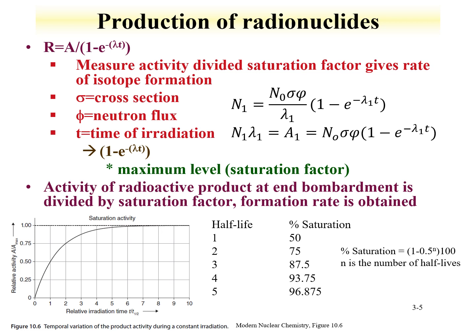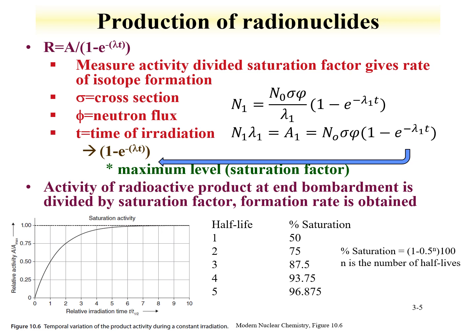If the number of product atoms is known, the activity can be found by multiplying the number of product atoms by the decay constant. And all we need to do is rearrange this equation. The activity of 1 is equal to the initial amount of target times the cross-section times the flux, same equation as we used on the previous page, multiplied by 1 minus e to the minus lambda 1 t. So this is the decay constant of the isotope that you're producing.